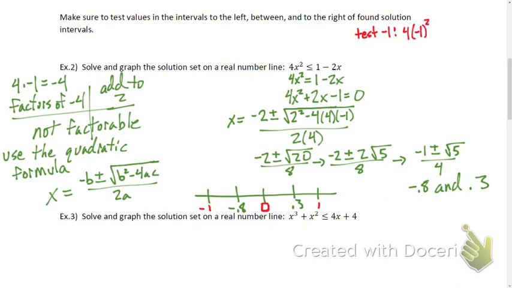You don't want to mess up on that after all that work. We get 4. And that does not look like it makes any sense, so that is not a solution.